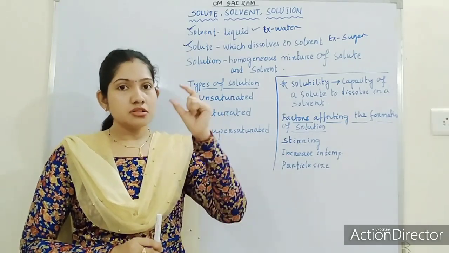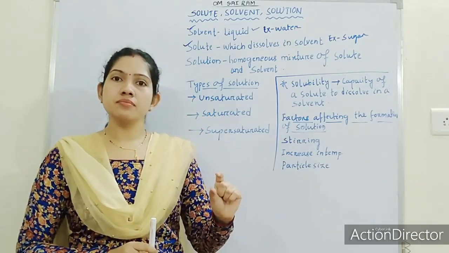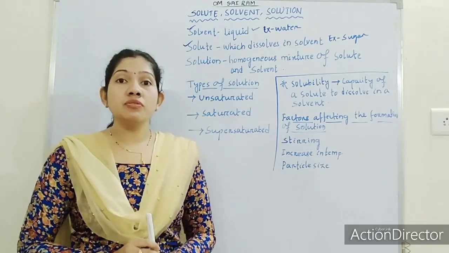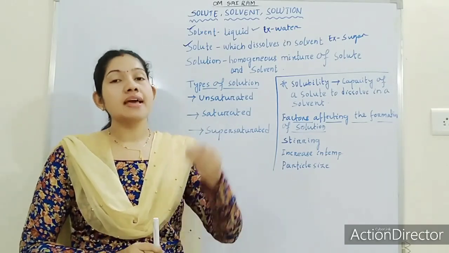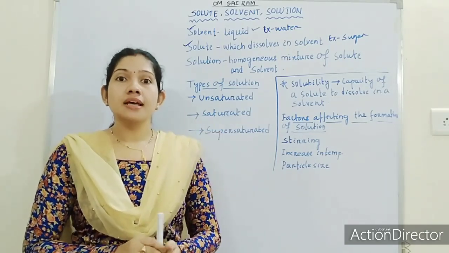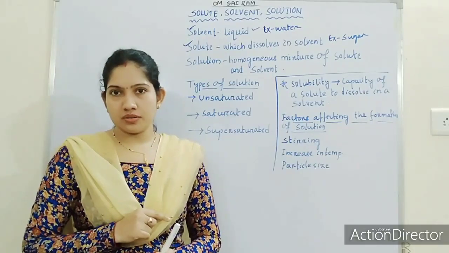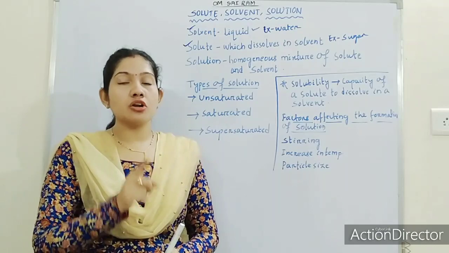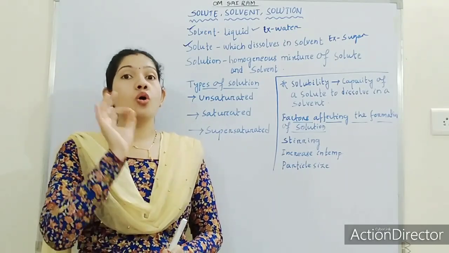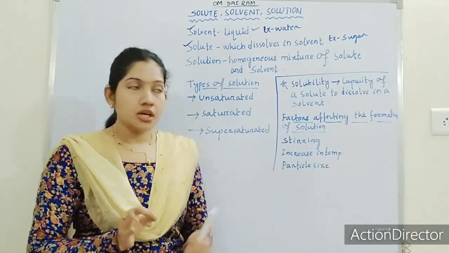After some time, the chalk powder will remain down. But if you add salt or sugar to water, then we can see that the salt or sugar will be dissolved in the water.